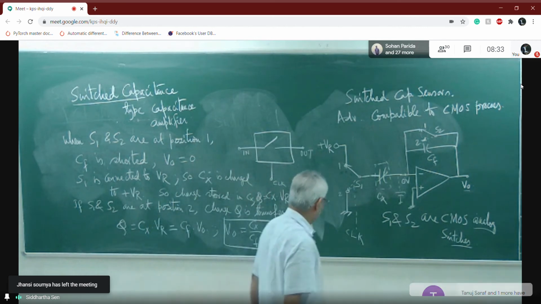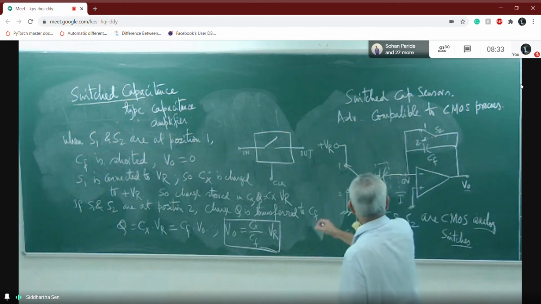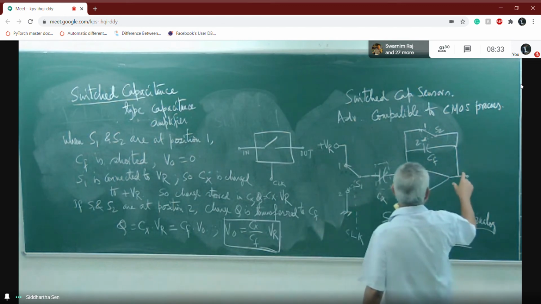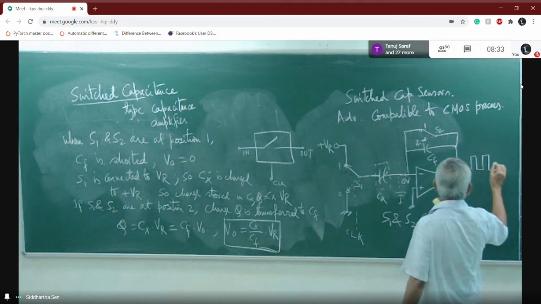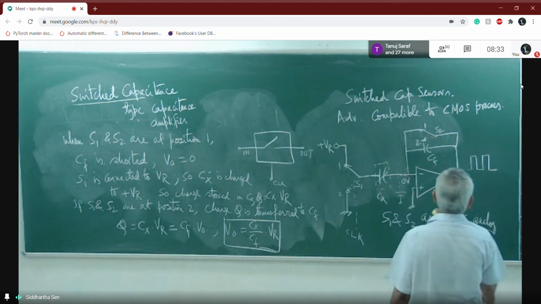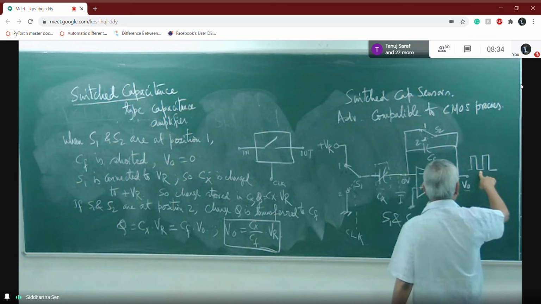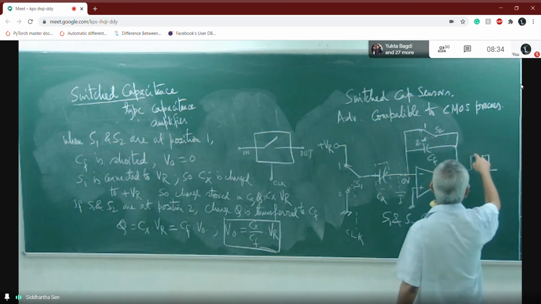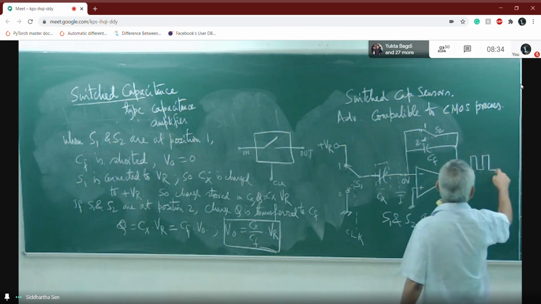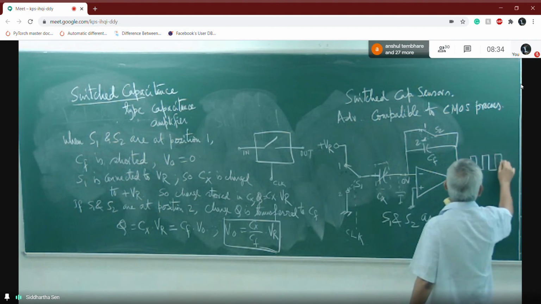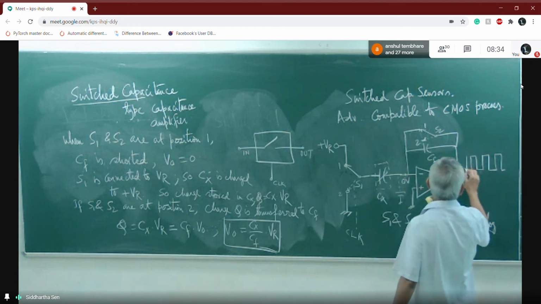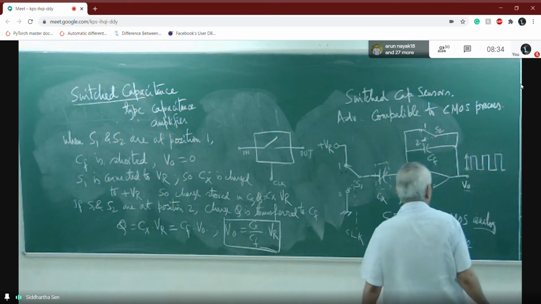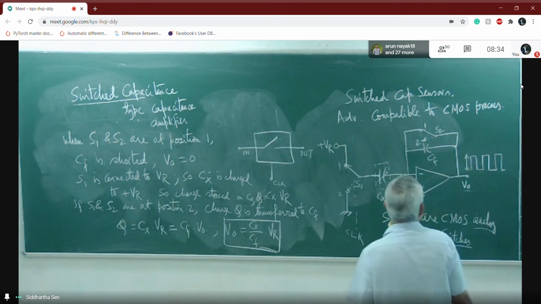So you can see the V0 here would be there definitely. When S1 is at 1, V0 would be 0. When S1 is at 2, there would be a voltage like this, a square wave voltage, and the magnitude of this square wave will be dependent upon the value of Cx.